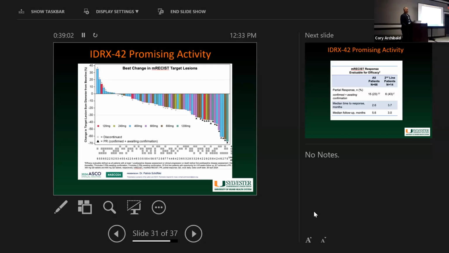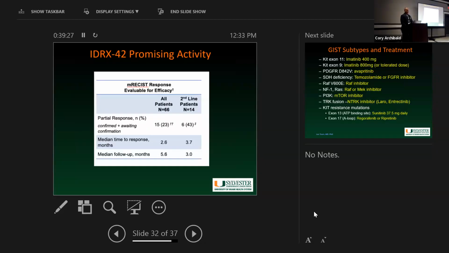And this IDRX-42 now has a lot of patients on it. It's only accruing patients to frontline now, no second line and beyond, only first line therapy. And it looks also very, very promising. Only a small number of patients are having clear resistance to IDRX-42. So we're optimistic about its development and future development for GIST patients. And the patients on the study had a 23% response rate.